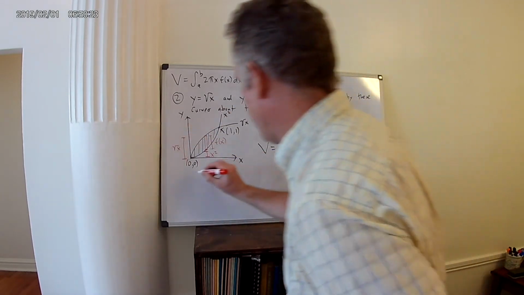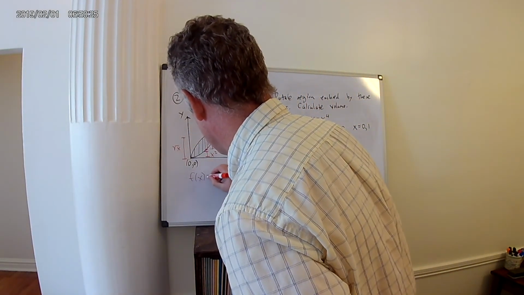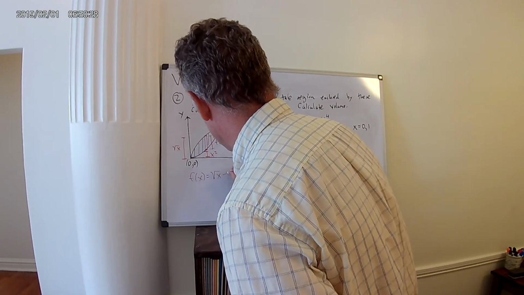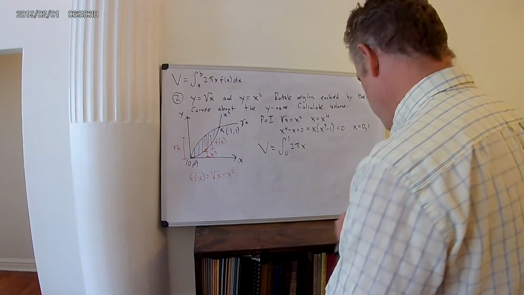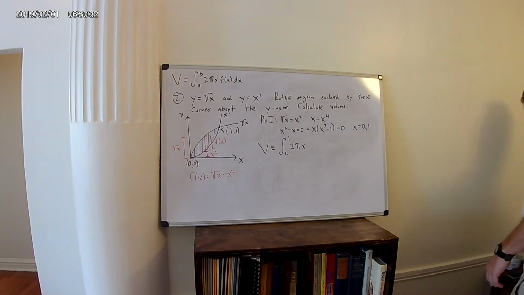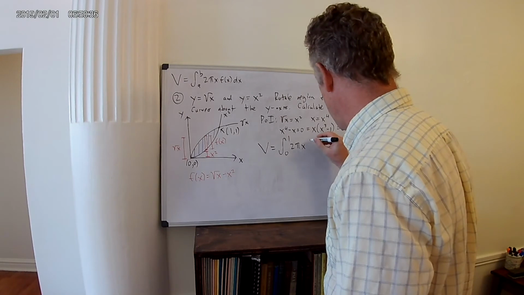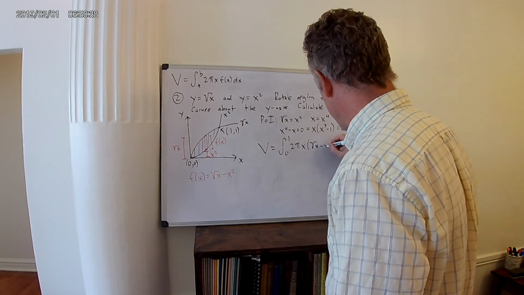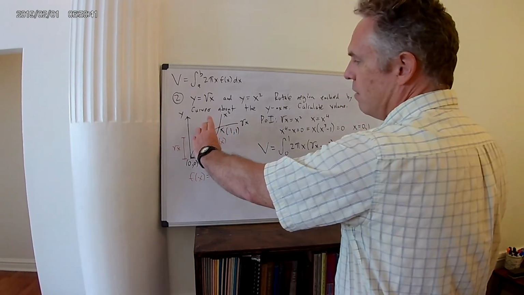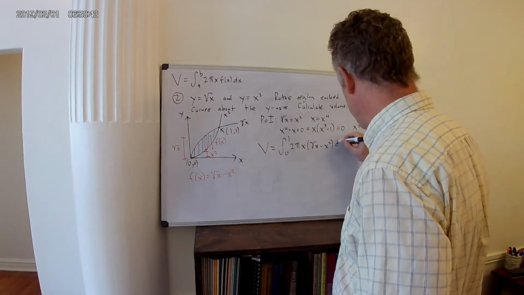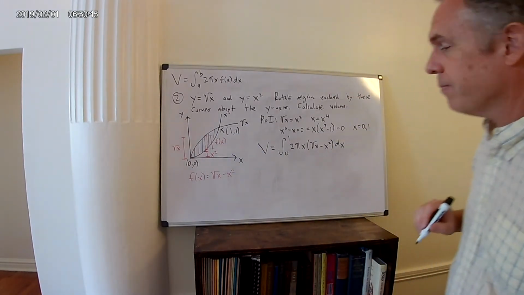And so I know that f of x equals square root of x minus x squared. Okay, so I can plug that in for f of x here. And so I get square root of x minus x squared as the height of my cylindrical shell, times dx.